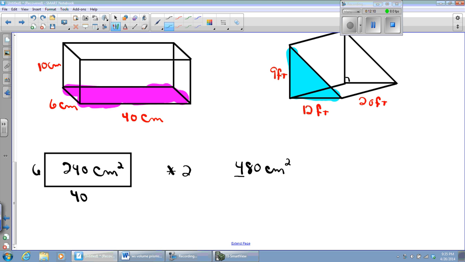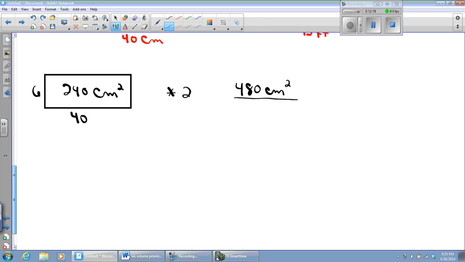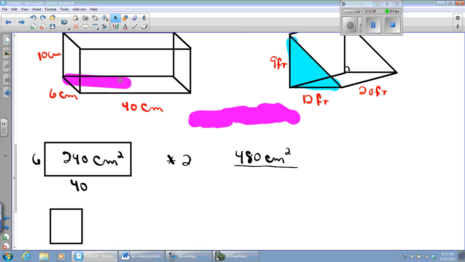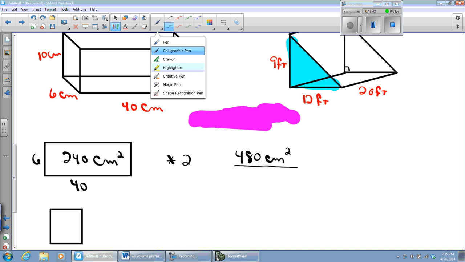Now that's only part of the surface area. That's the bottom and top of the box. I see another set of rectangles in there. I see the left and right side, and they kind of look more squarish. They're not squares, but they kind of look like this. And I think the dimensions there are 10 by 6. And if you like, I can highlight the two I'm talking about. Let's get a highlighter out here so you can see specifically.